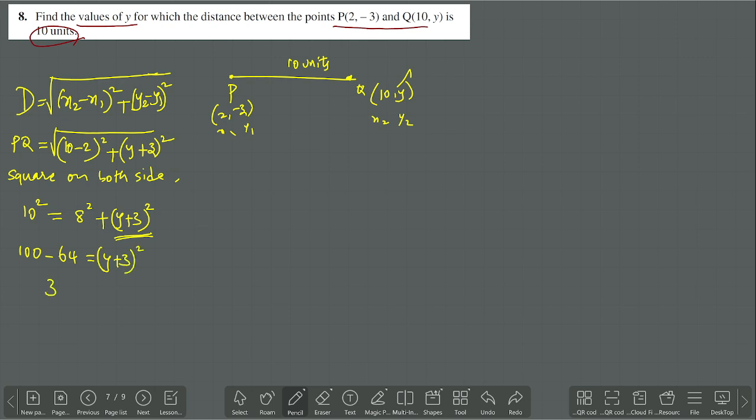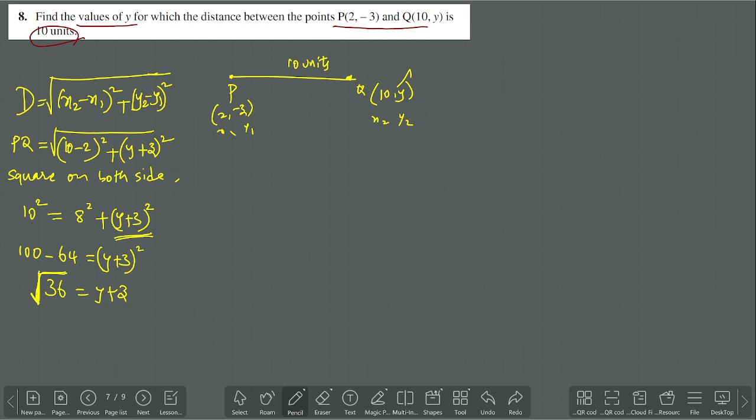So 36 equals (y plus 3) whole square. When you bring the square opposite, root 36 equals y plus 3. When we have a number like that, you can do it like that. Root 36, what is the answer?